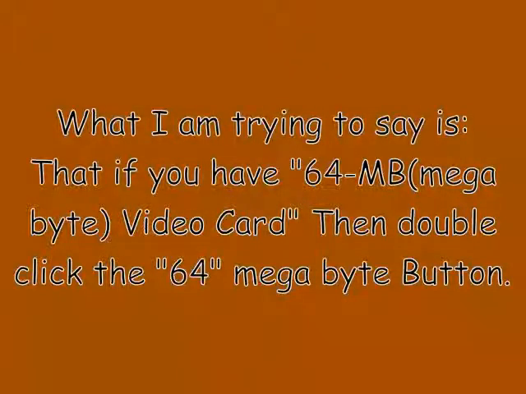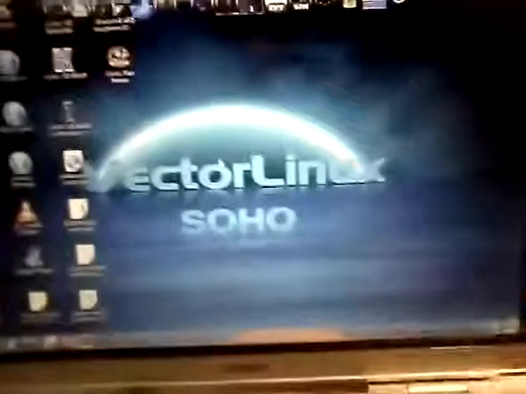You can look in the properties of your computer, and since I have a little laptop, I pick that, and that's it, and I'm done. So if your video card is 128, then you pick 128, or if it's higher, it's higher. Usually the highest one I got is 512.